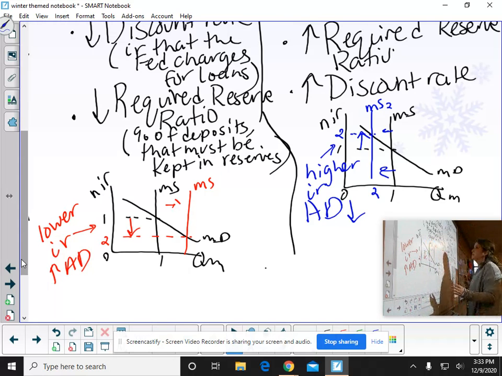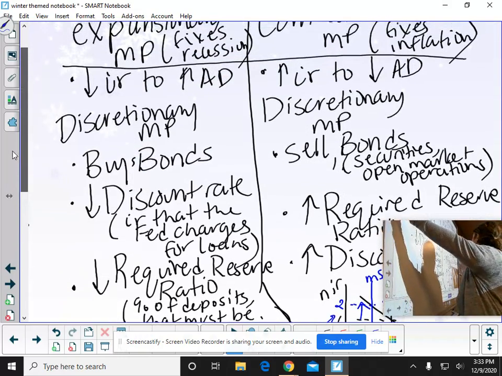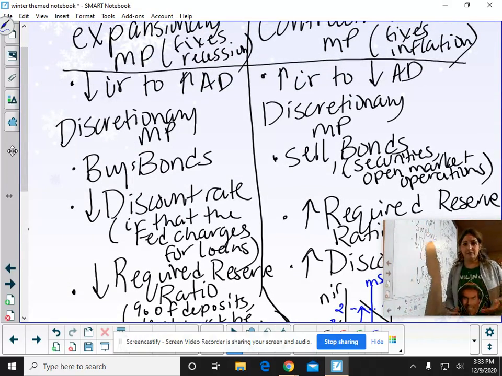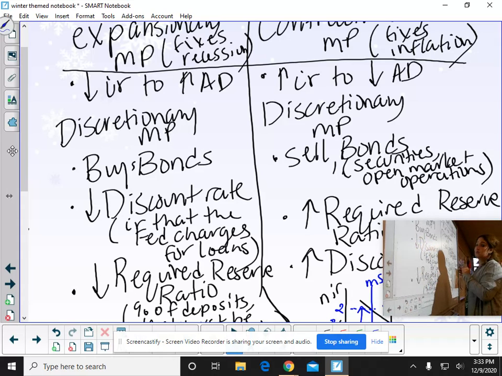All of these things are done on purpose by the Federal Reserve. Whether they're buying or selling bonds, they're doing that on purpose. That's what makes it discretionary. They're doing it by their own discretion, by their own choices. They can expand or contract the economy on purpose.